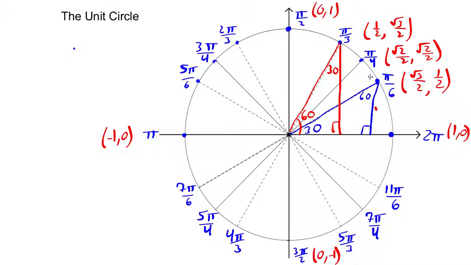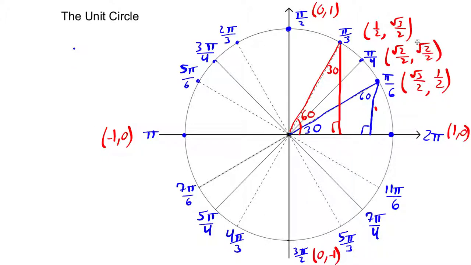Now, there is a very, very special pattern because if we wanted to memorize this whole unit circle, certainly trying to reconstruct special right triangles each time would be very, very difficult. So instead, we realize there's a certain pattern. First off, notice all the denominators here are 2.